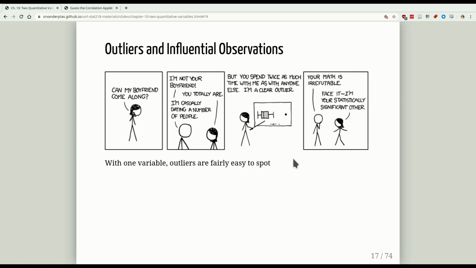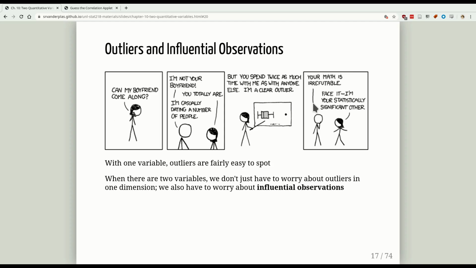It's pretty easy to spot an outlier in one variable. Right? It's just that point that's way out there. When there are two variables, you can have outliers in one variable or the other, but we also have to worry about things that aren't particularly excessive in x or y, but don't match the relationship with all the other points between x and y.